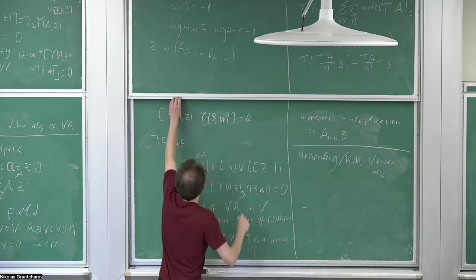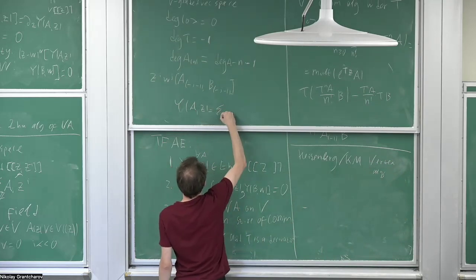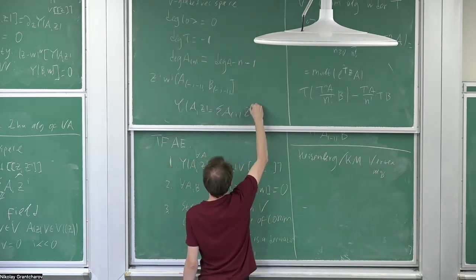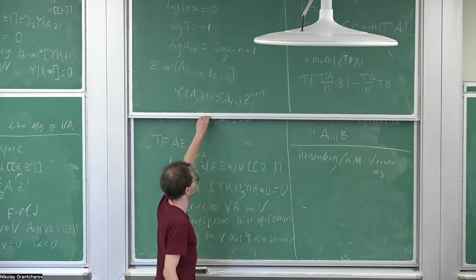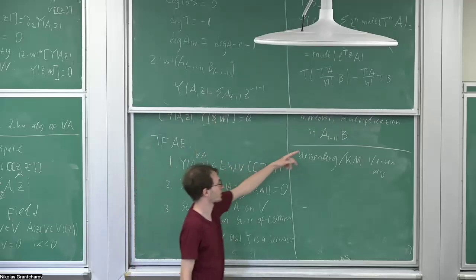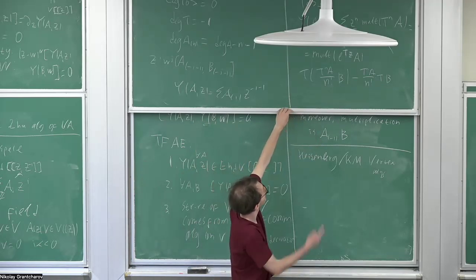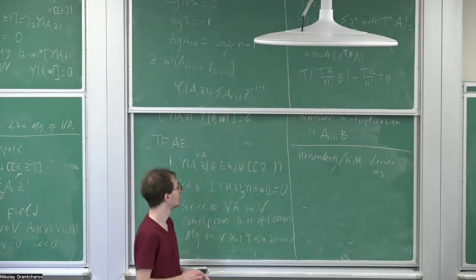The field corresponding to A is Y(A, z), the sum of A_{(i)} z^{-i-1}. So for the commutative case, this means that all your indices are negative. The first one is multiplication, and all the other ones are obtained by iteration.